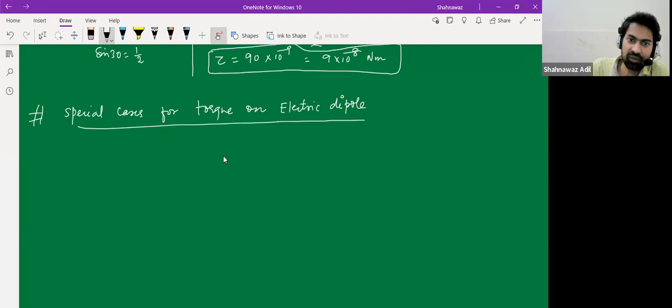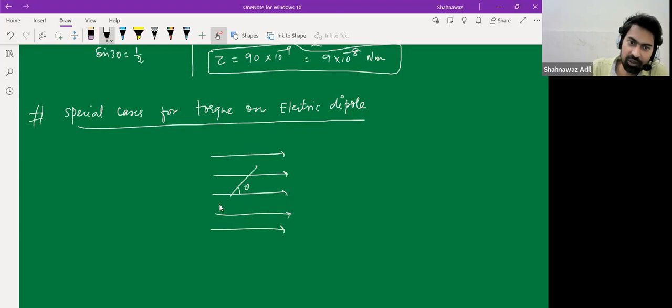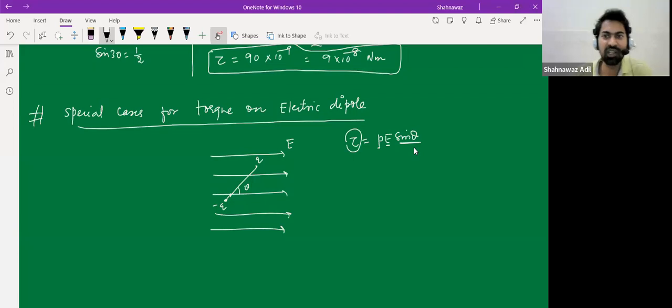I have this electric field, and I have this dipole, which is making an angle theta. This is minus Q, this is Q, and this is the electric field. We know that the magnitude of torque is PE sine theta. This electric field is constant, this P is constant, so the torque depends upon sine theta. So when is sine theta maximum, guys?